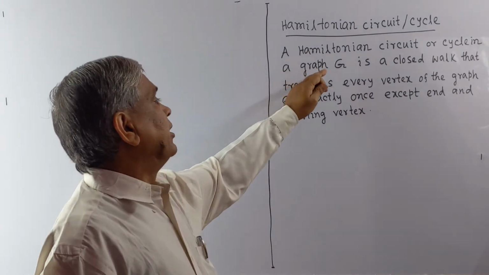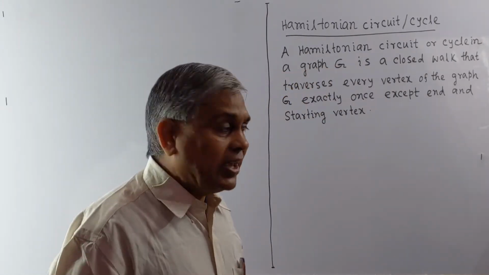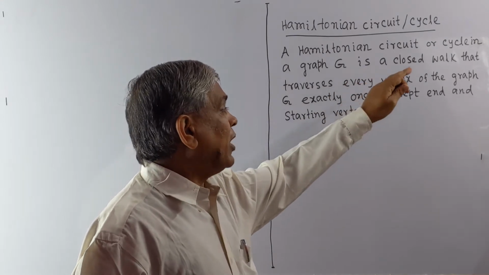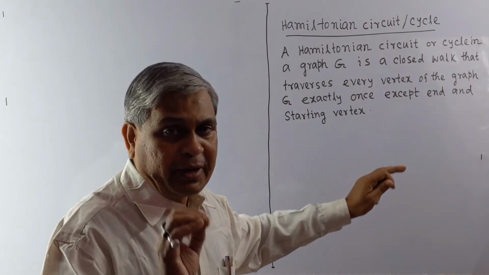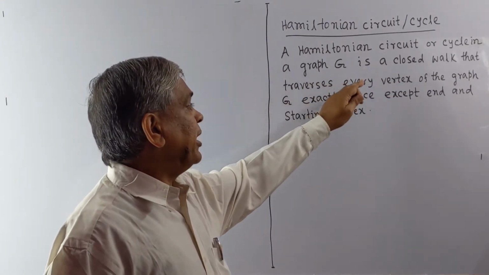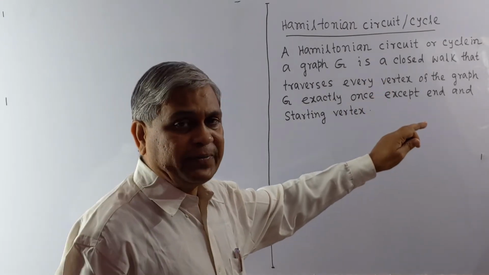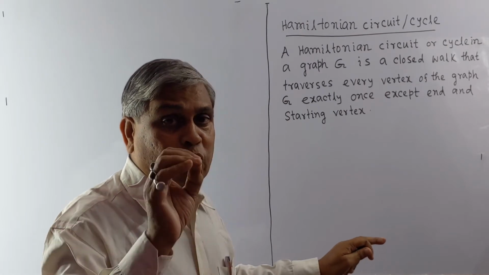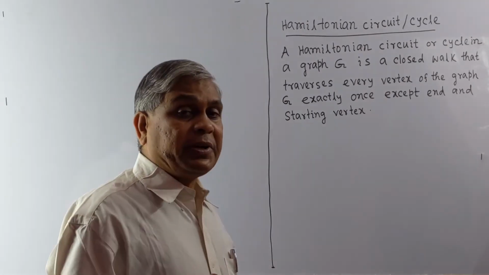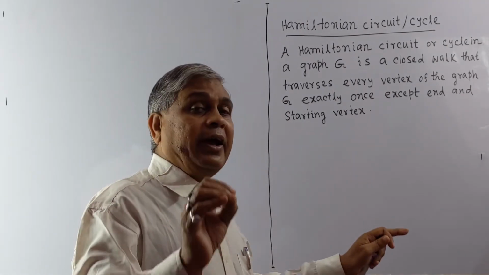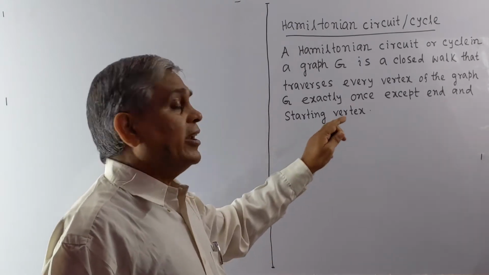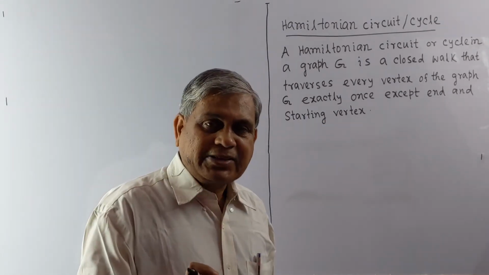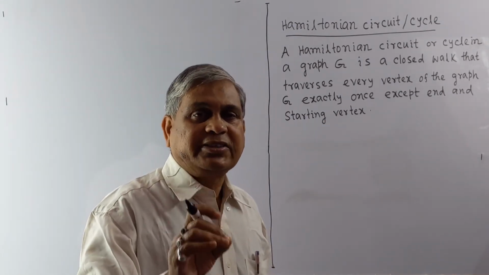in a graph G is a closed walk that traverses every vertex of the graph G exactly once except the end and starting vertex. By an example, we try to understand this.